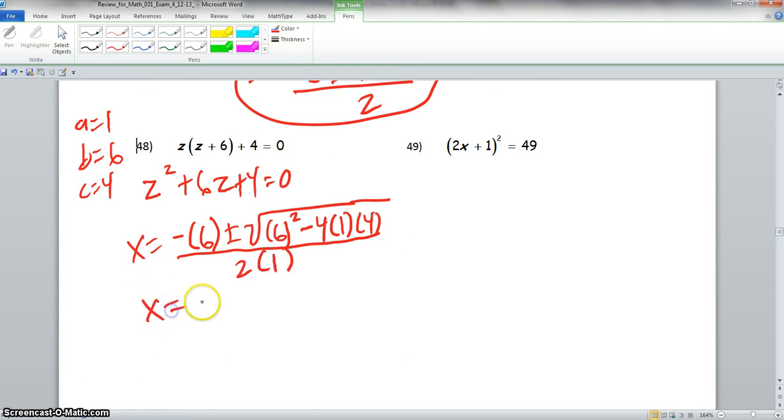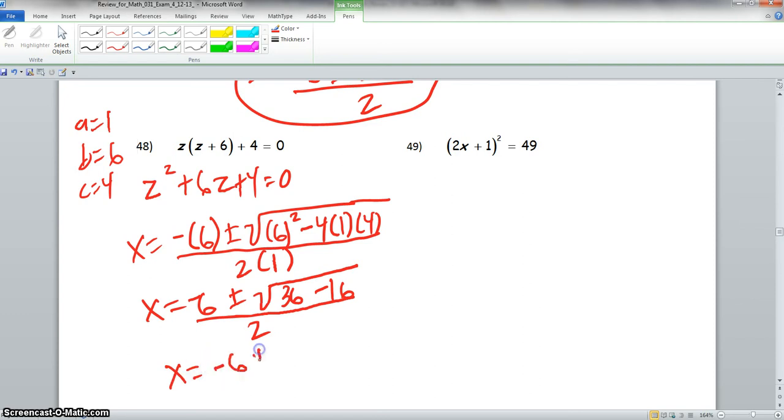Now, we will have x is equal to negative 6 plus or minus the square root of 36, negative 4 times 1 is negative 4 times 4 is negative 16, all over 2 times 1, which is 2. So we have x is equal to negative 6 plus or minus the square root of 20 all over 2. Now the square root of 20 breaks down to the square root of 4 and the square root of 5.